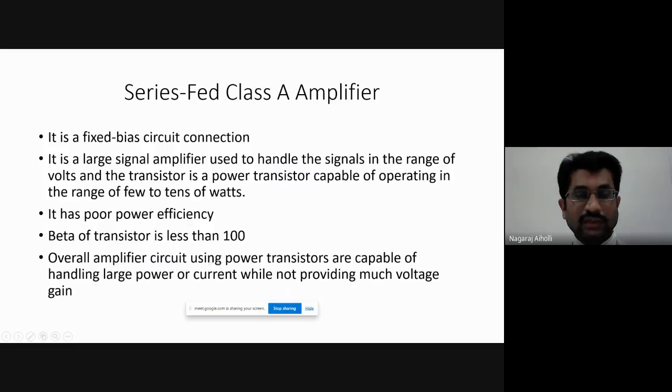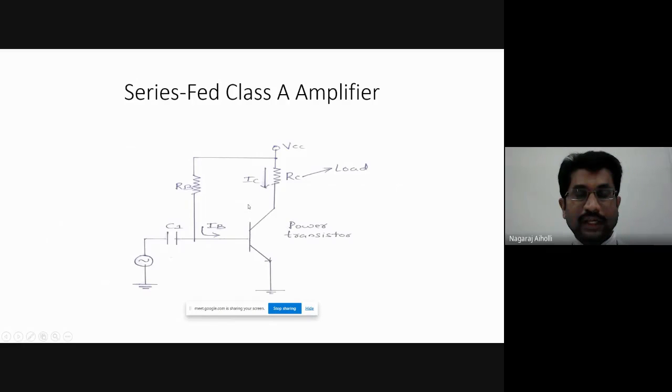The overall amplifier circuit using a power transistor is meant to handle large power or current while not providing much voltage gain. It is meant to handle larger currents, larger voltage or larger power, and the output is in tens of watts. But the voltage gain is less.